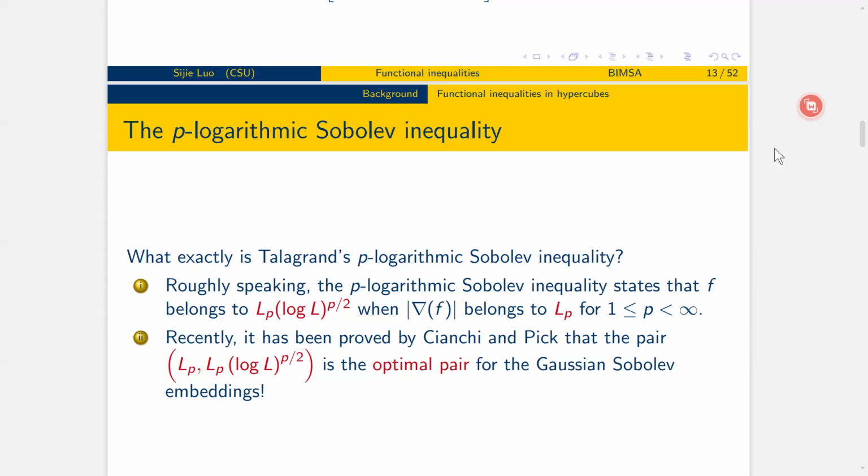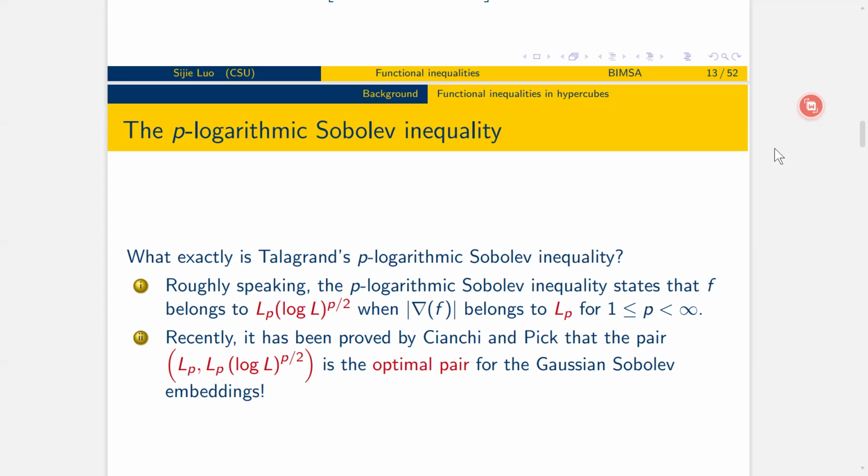And if we fix the target space L^p log L^(p/2), then L^p is the largest domain among symmetric spaces for the Gaussian-Sobolev embedding.